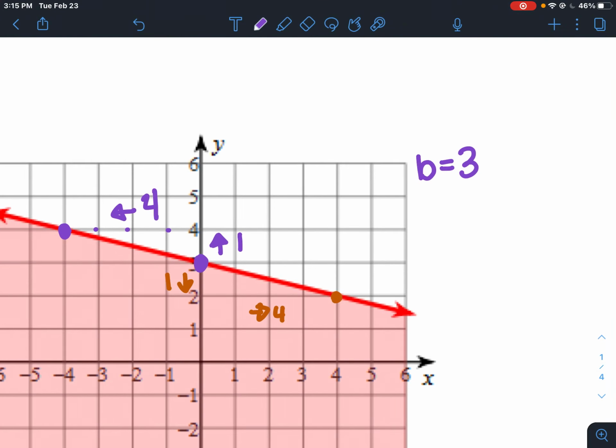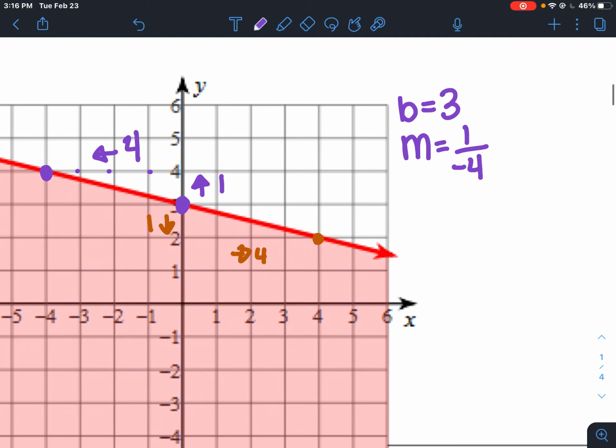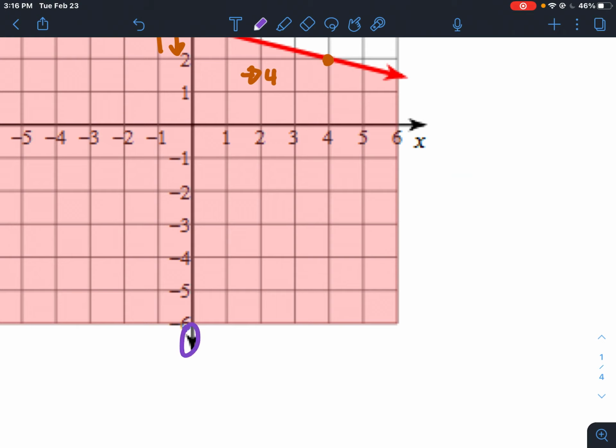So my slope is, if I'm going up 1, that's positive 1. Left 4 is a negative 4. Just like if I went down 1, that's negative 1, and right 4 is positive 4. So either way, I have my slope as negative 1/4. Next step is to identify if we are shading above or below.